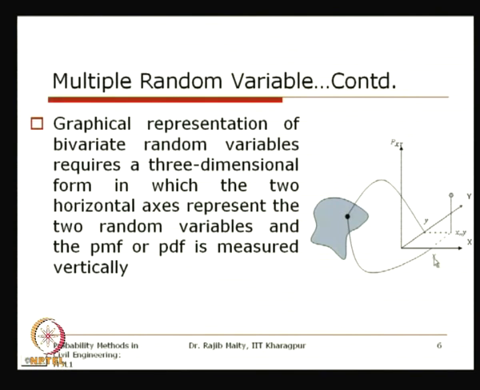Now for this bivariate case, there are only two values, x and y. So x and y refer to a point over this xy plane. The way it is shown is a PMF, that is, probability mass function.